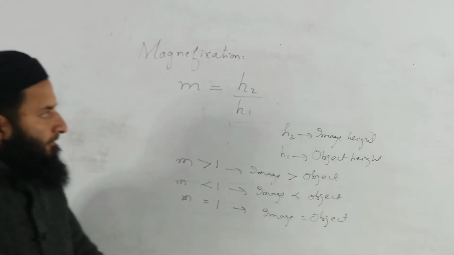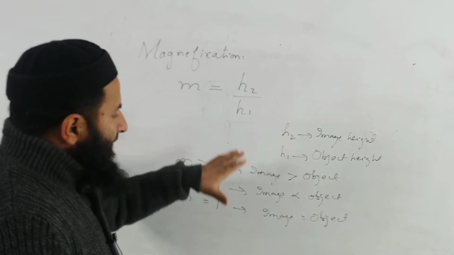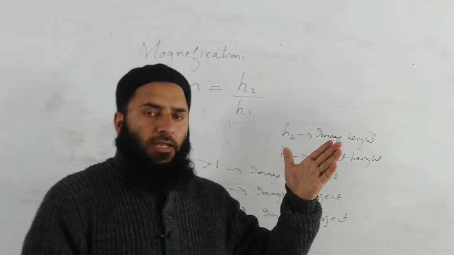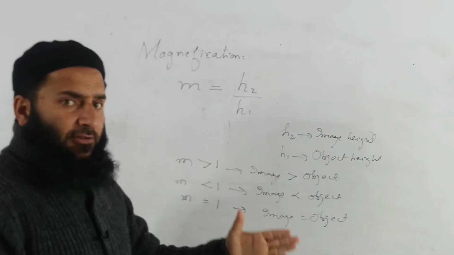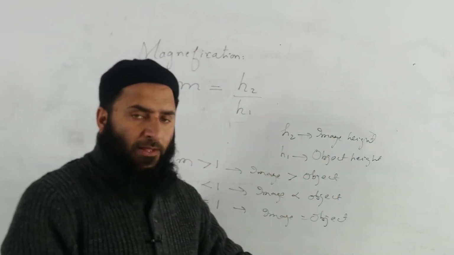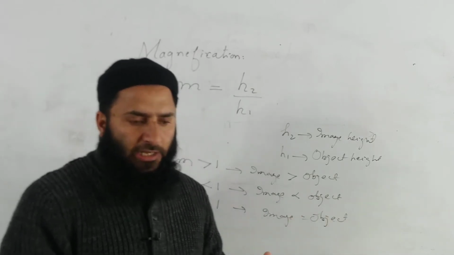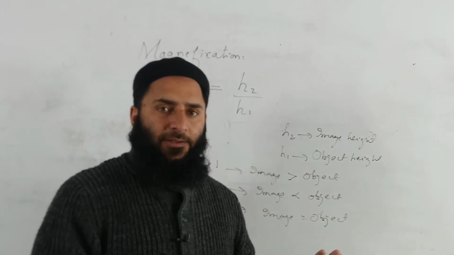Please remember, we have to take the ratio of h2 and h1. If we get a value greater than 1, the image is bigger than the object. If m is less than 1, the object is bigger than the image. And if m equals 1, the size of the object and the size of the image are the same.